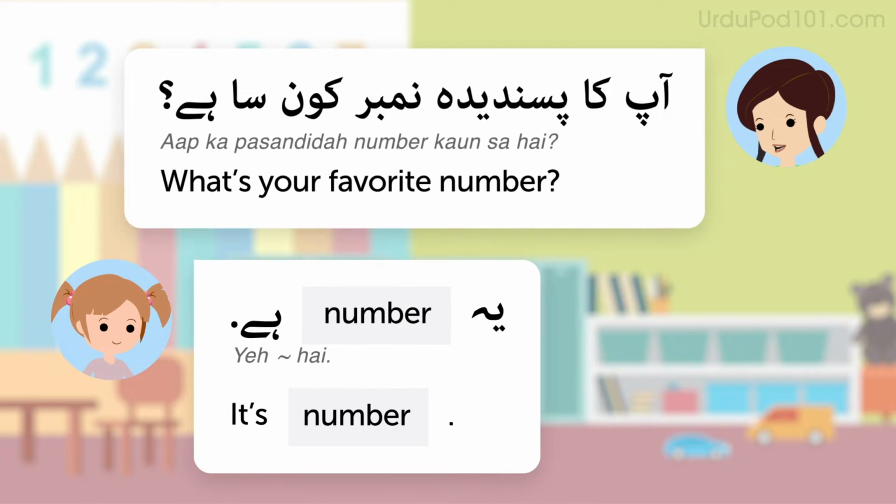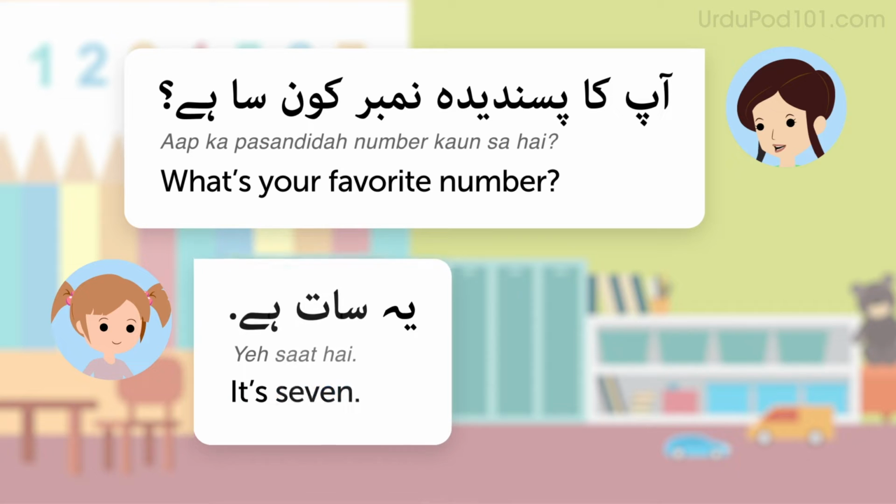The pattern is, ये है. This Urdu sentence literally translates into, this number is, but it means it's number in English. For example, it's 7. ये 7 है.